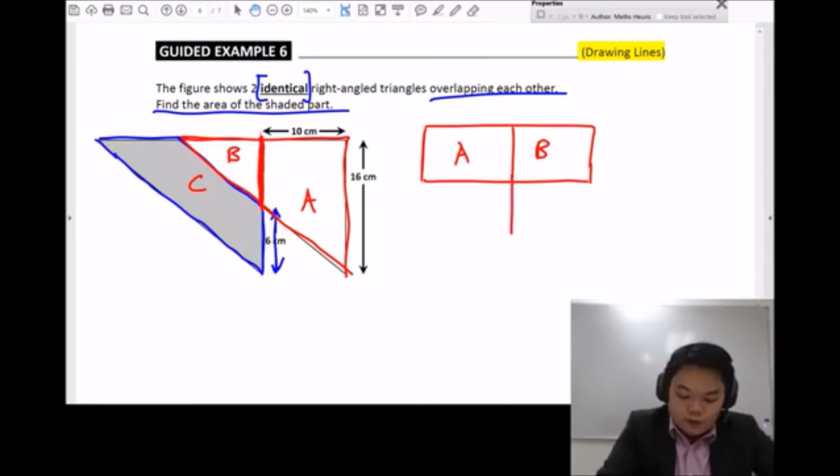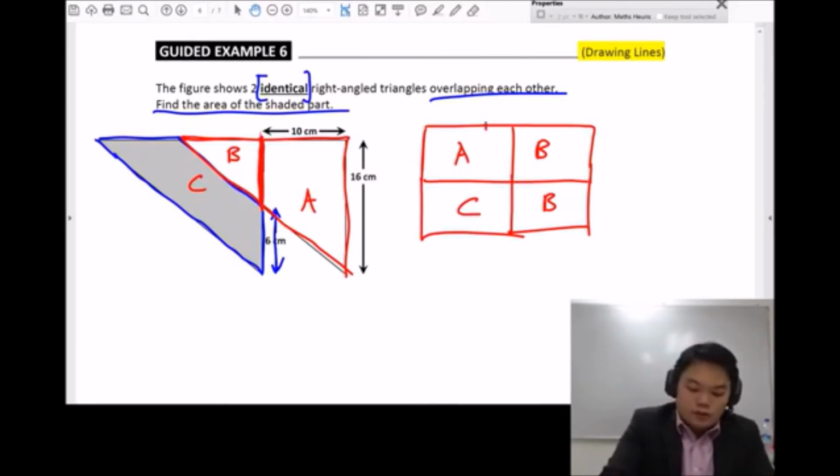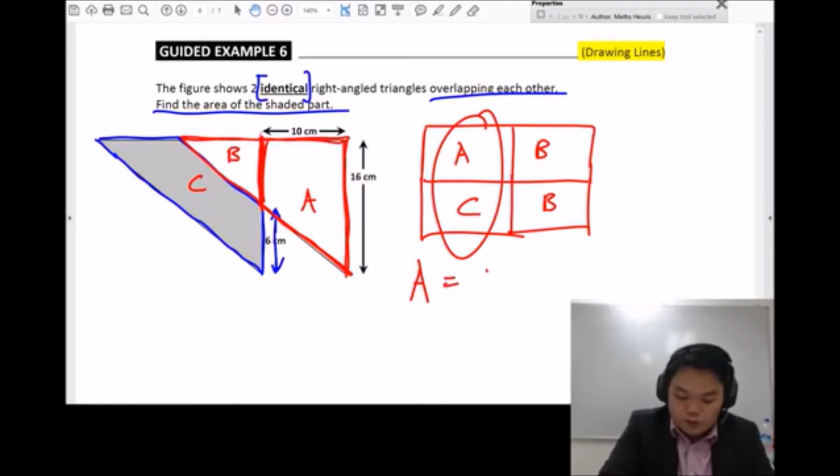So, in other words, put the B together, then put the C here. So the area of this segment A is equal to C.